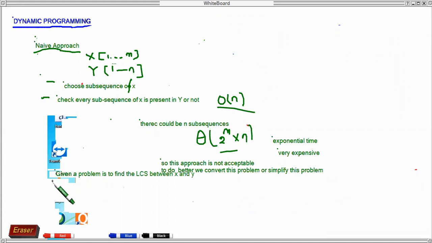So in simplification, what will we do? We will find the length of the longest common subsequence.